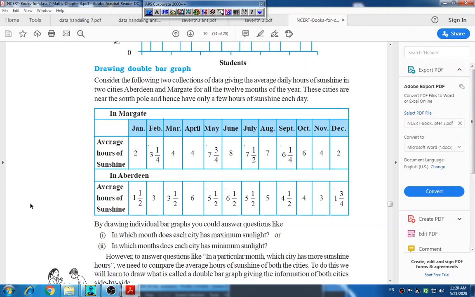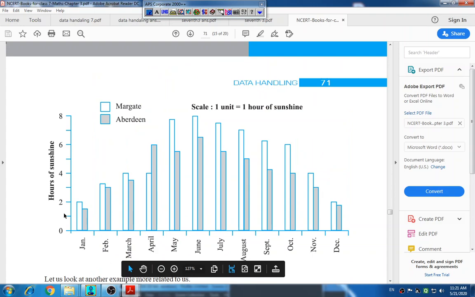Like that we can draw a bar graph. On the horizontal line, look here, we show the names of months, and the vertical line shows the hours of sunshine. Now to show which bar is of which city, we have to give coloring.